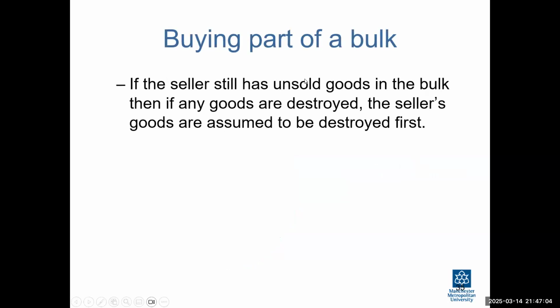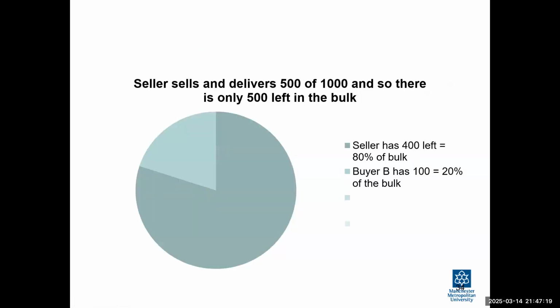If you're buying as part of a bulk and the seller has unsold goods in the bulk and these are destroyed, let's go back to the previous slide. If out of the 500 remaining oranges here, 300 are destroyed, then we have 200 oranges left.